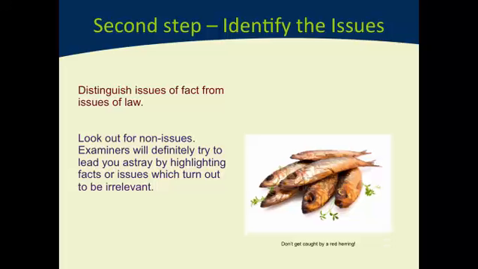If the car was doing 75 and it was a 40 zone, the driver's in a lot of trouble. Okay, so the first thing we need to know is what is the law. The law says the speed limit is 60 kilometers an hour. The second thing we need to know is the fact, and the fact is how fast was the car driving. So we need to know one piece of law and one piece of fact. And you can see that they're different.